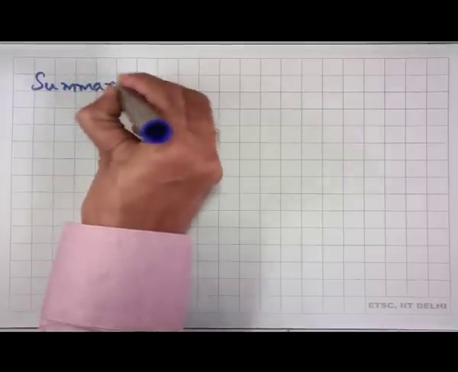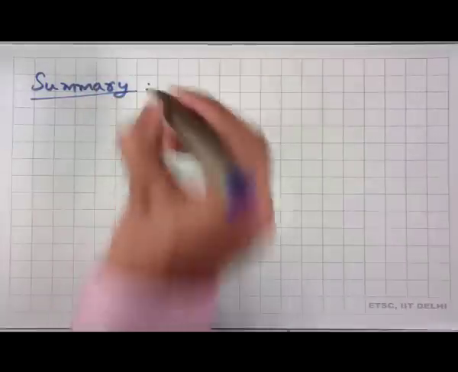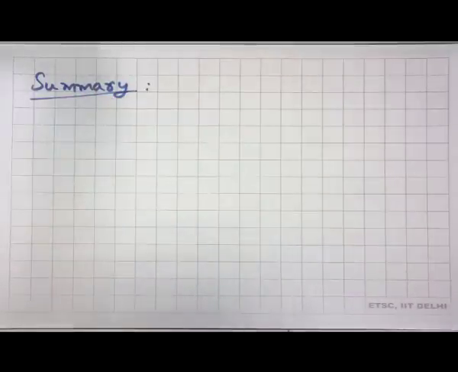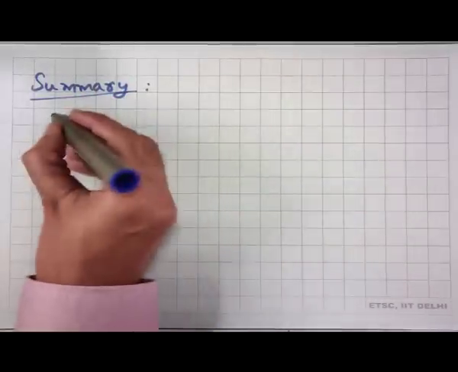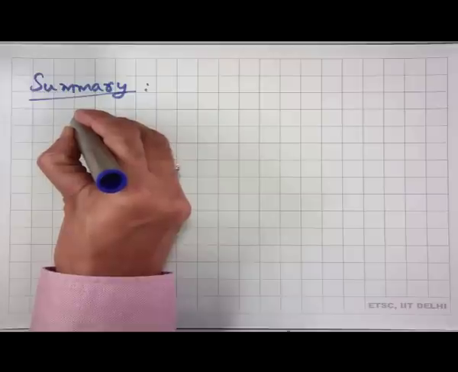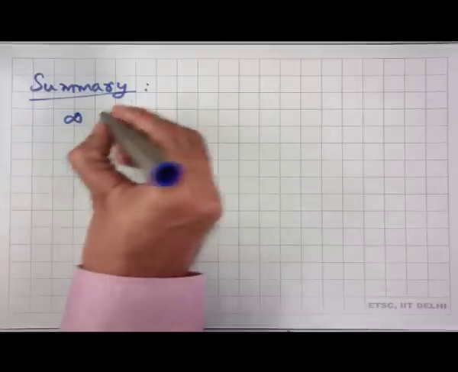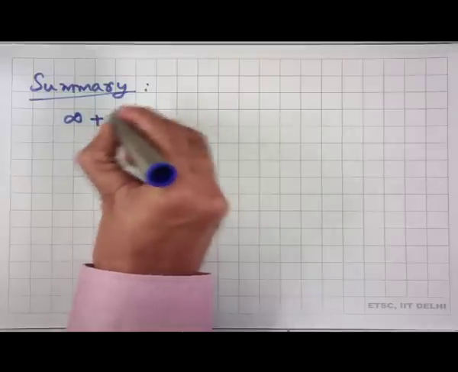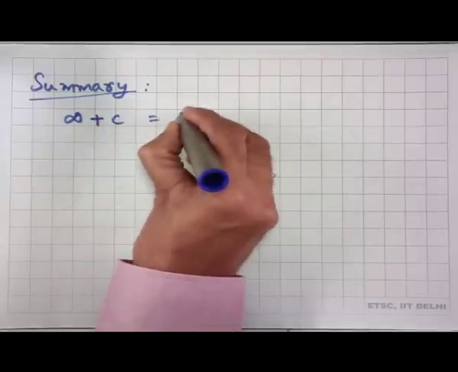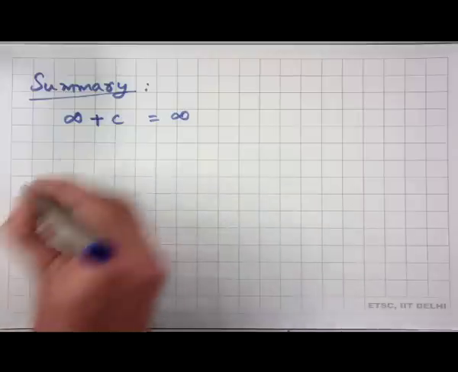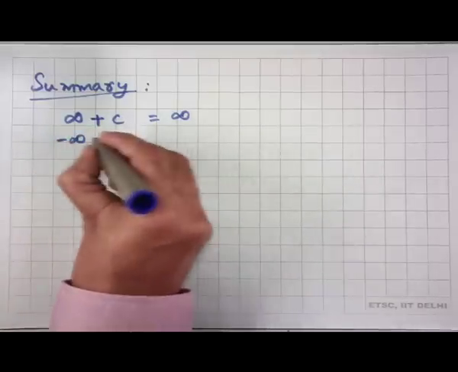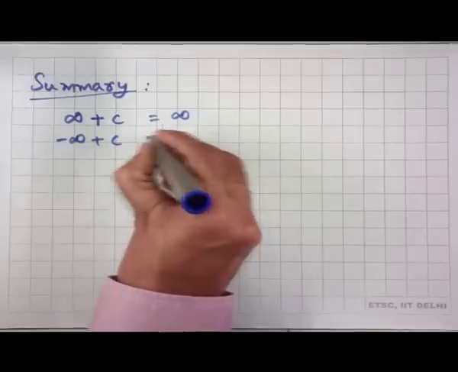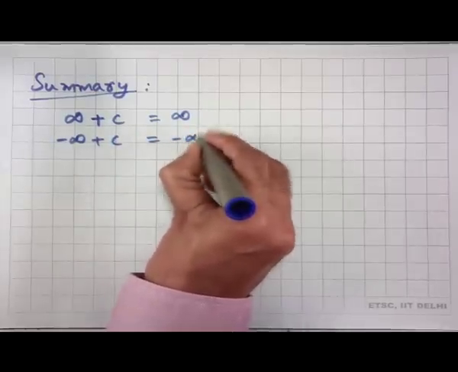So, let us summarize. So, we will write the limit forms. So, if one limit is infinity, another is some constant, then this is always equal to infinity. We have minus infinity plus any constant, then that is equal to minus infinity.